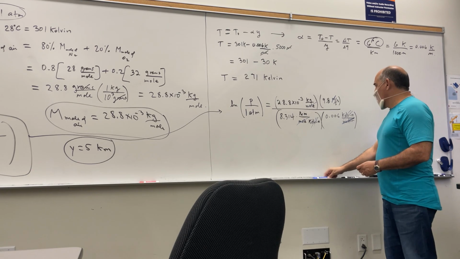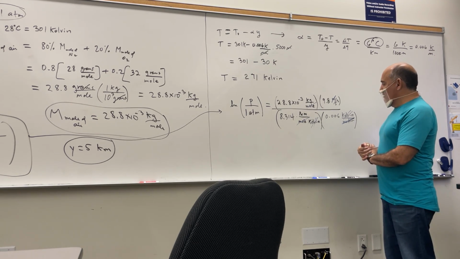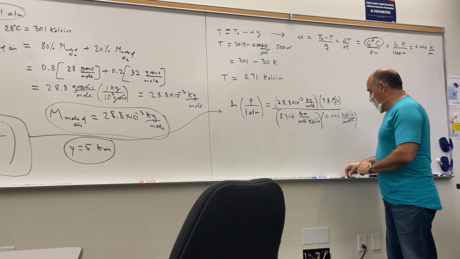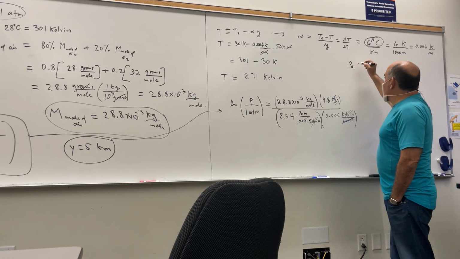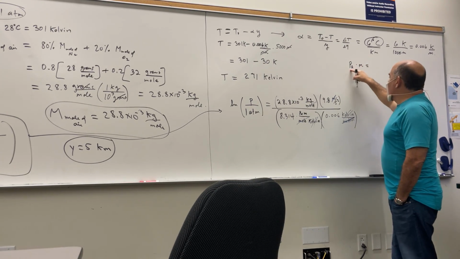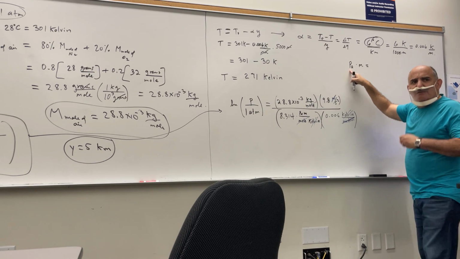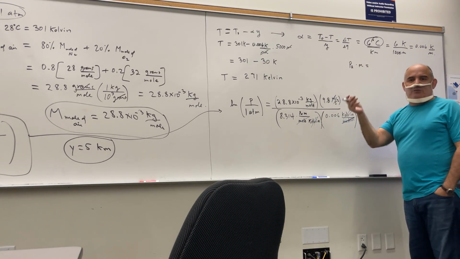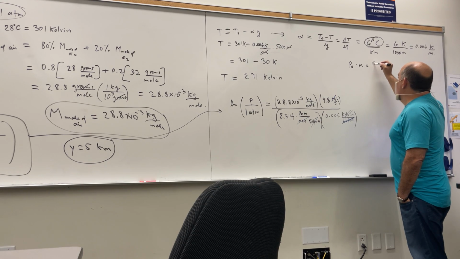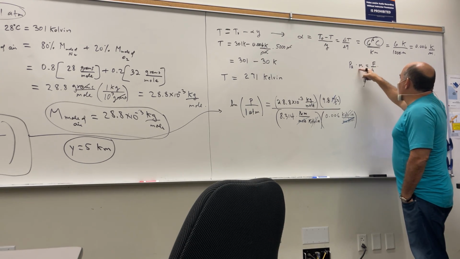Right? So we have kilograms, pascals, right? I'm just trying to make sure that I have the right units here. Pascals times meters. A pascal is a force per unit area. It's a pressure. So it's a force per unit area, and then this is a distance.